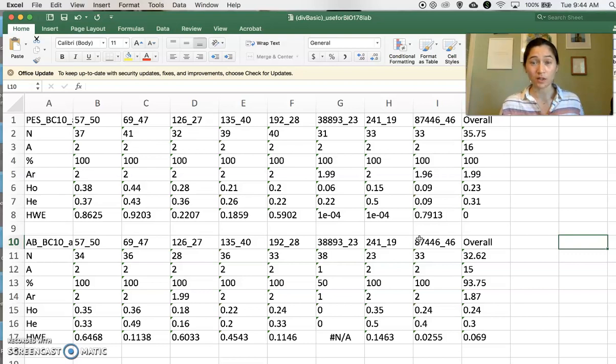I've done that on purpose for us to see what the data might look like if you're looking at overall neutral SNPs or maybe some adaptive SNPs as well. So those are some things to consider for this data set.